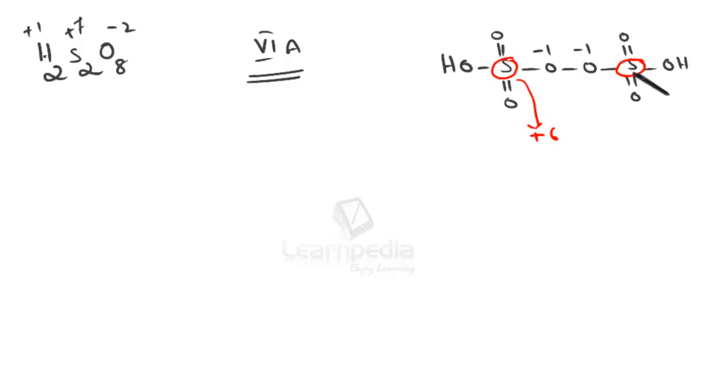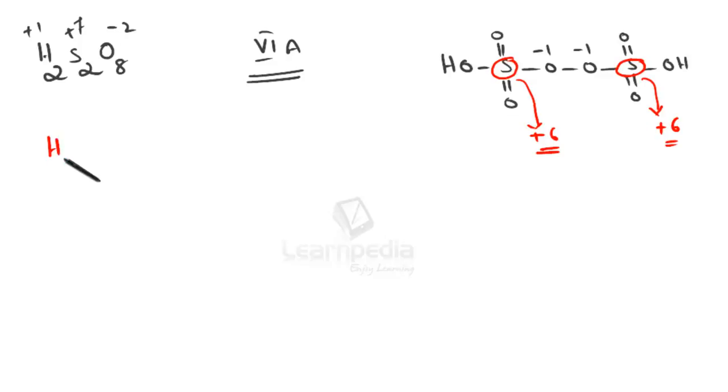And this sulfur atom and this sulfur atom are identical, with 2 oxygen atoms connected by double bonds and 1 OH group, 1 this oxygen. Here also it is similar. Therefore this sulfur also will have +6. That's how it comes out to be +6, the group number itself. So thus sulfur of peroxydisulfuric acid exhibits an oxidation state of +6 each.